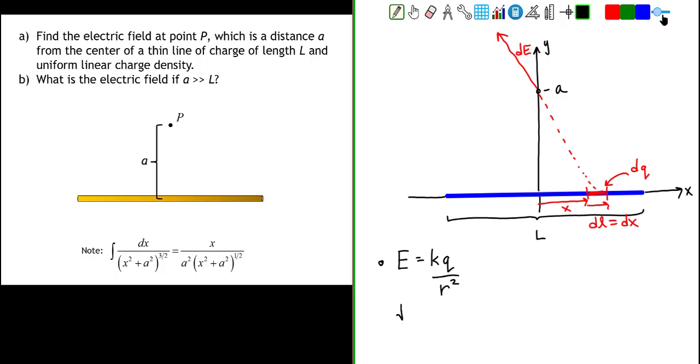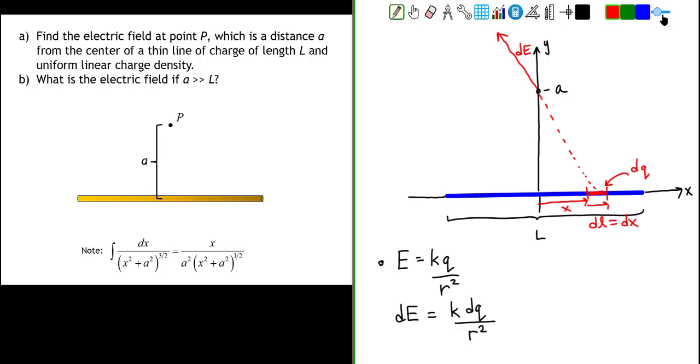For this point charge, we know that it has an electric field given by the expression we found before. In this case, the amount of charge we're dealing with is the very tiny representative charge element. And that charge element is a certain distance away from the point we are interested in.